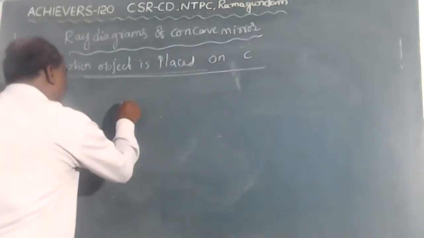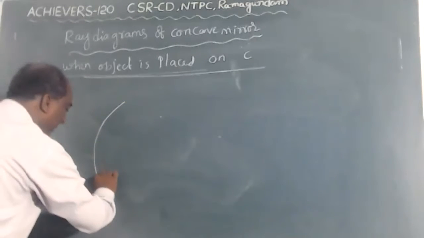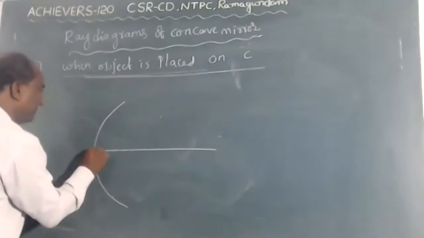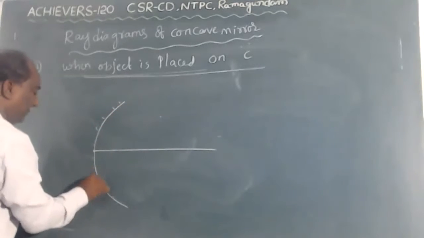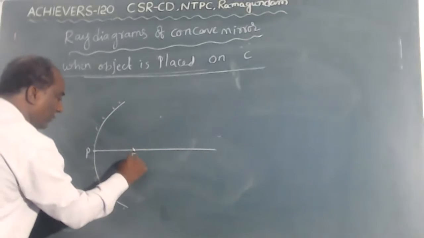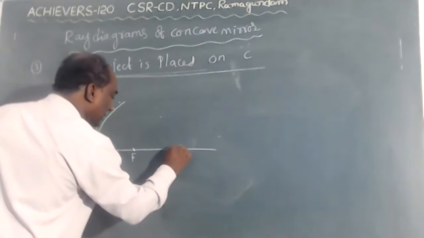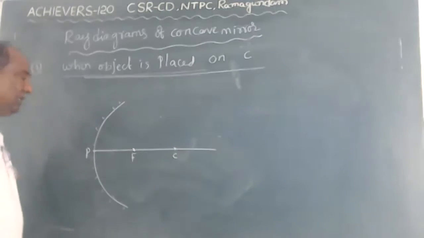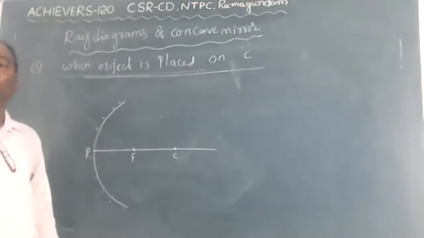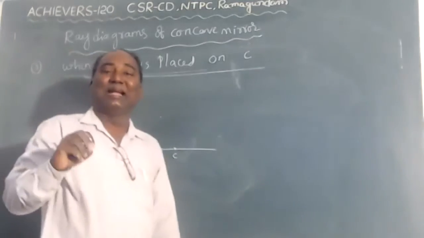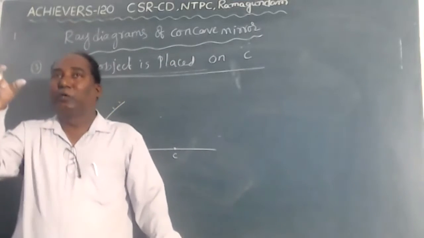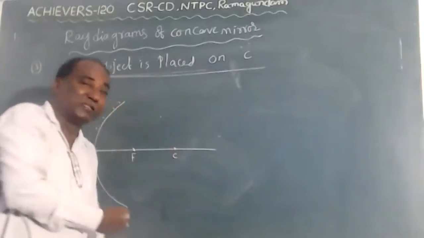Let me show the ray diagram now. It is a concave mirror, pole, focus and center of curvature. So children, I'll give an easy way to draw the ray diagrams. When you draw the ray diagrams, first write the characteristics. According to that, we can draw the ray diagram very easily.